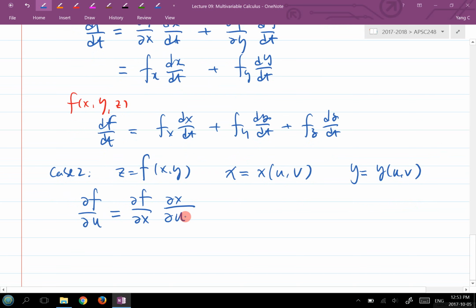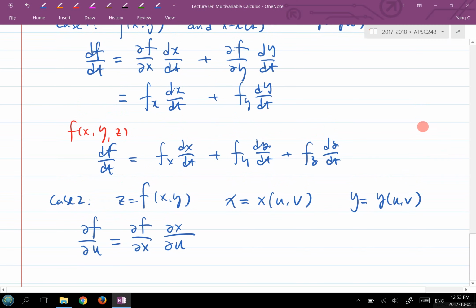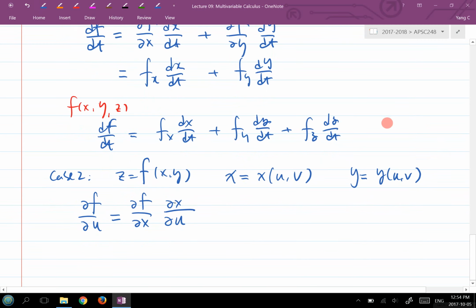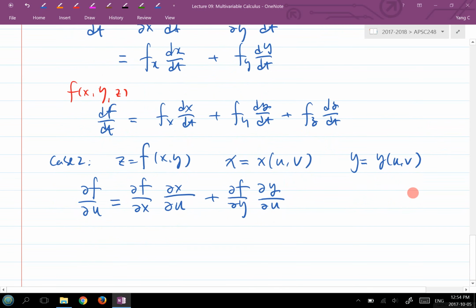It's quite different from the writing in the previous case, right? Now this is a partial, and then partial f over partial y over partial u.